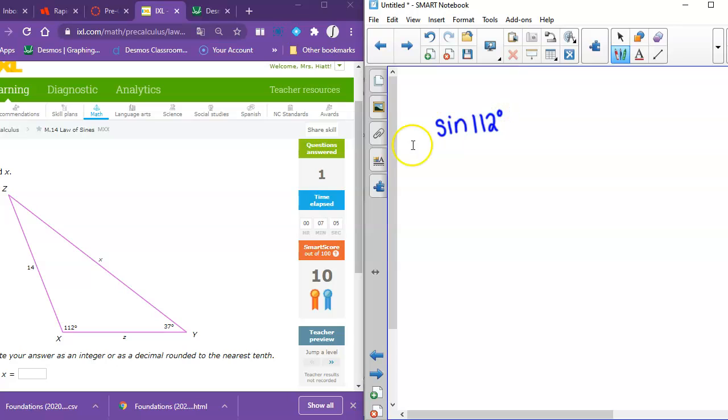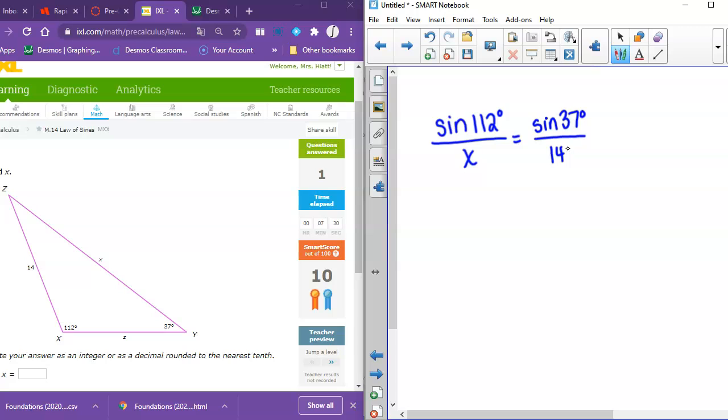Sine of 112 degrees over X equals, and then we're not going to use the Z's because we don't know angle Z and we don't know side Z. Even though we could find angle Z, we don't know side Z, so it wouldn't help us right here. Instead, we want to use 37 and 14, so we'll say sine of 37 degrees over 14.